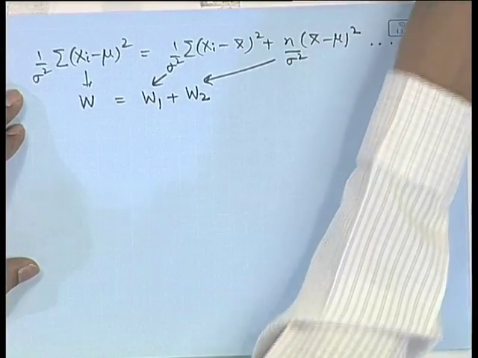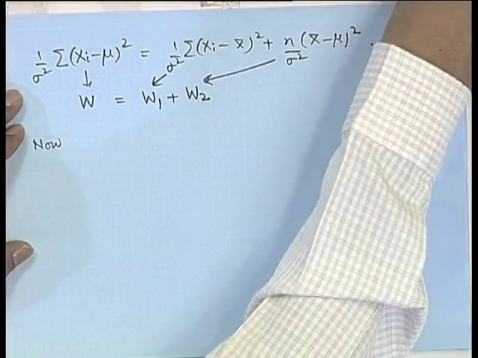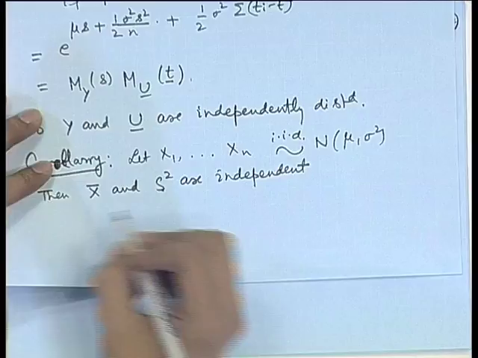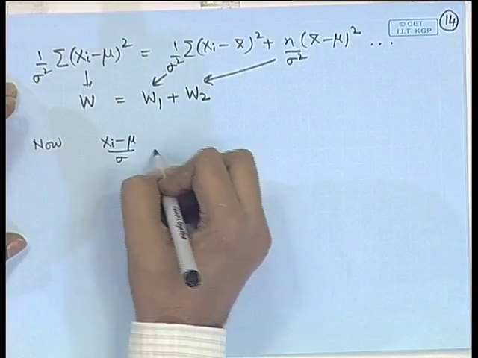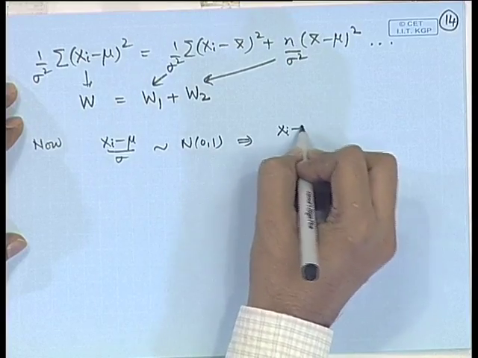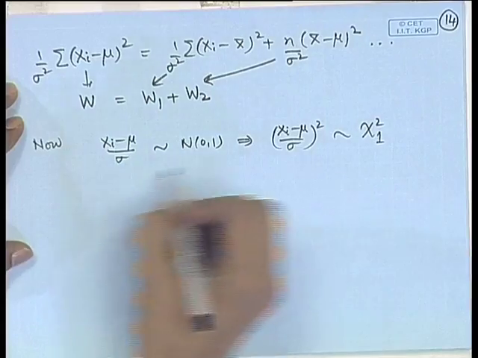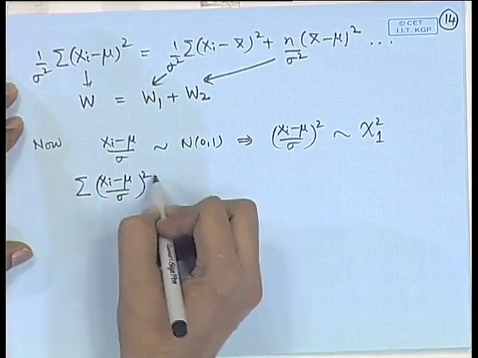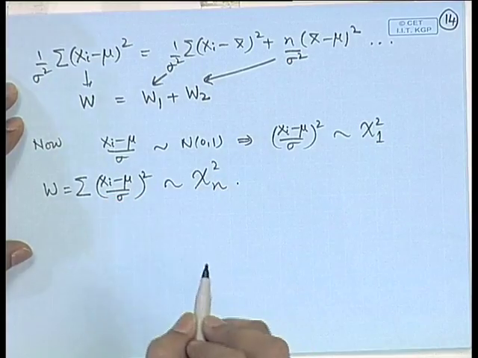Now, if x i follows normal mu sigma square, then x i minus mu by sigma follows normal 0 1. So, this implies that x i minus mu by sigma whole square follows chi square 1, and therefore, the sum of these, that is sigma x i minus mu by sigma whole square, that is w, will follow chi square distribution on n degrees of freedom.